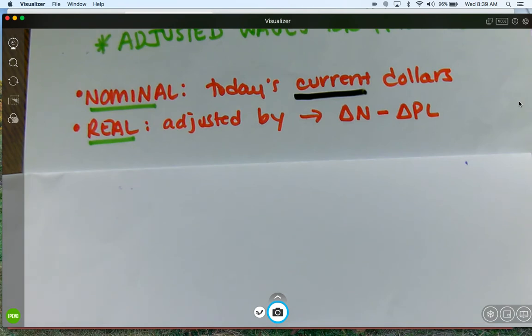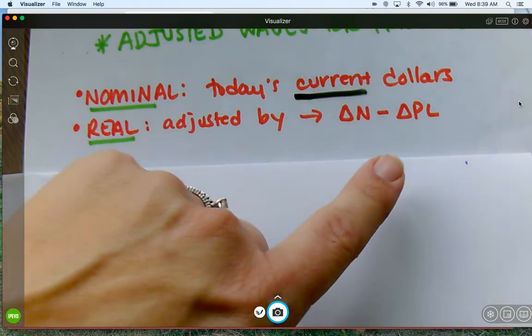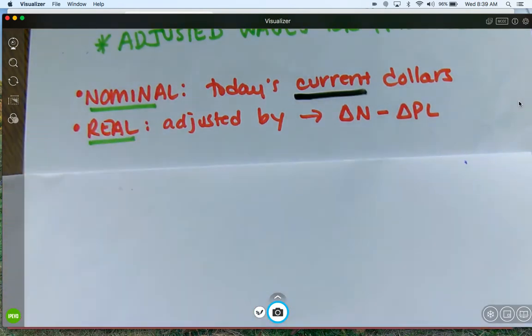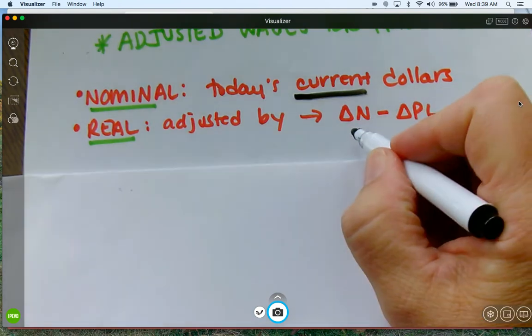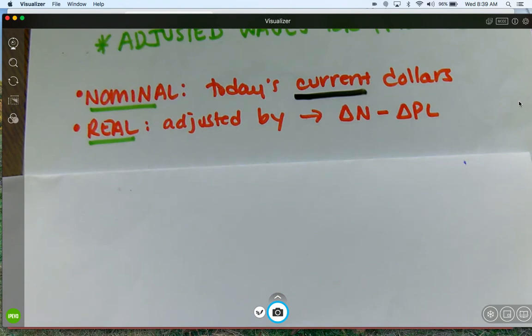So if you make, for example, $10 an hour, that's your pay today. Real is adjusted for price level, and we do that by using this formula. It's the change in the nominal price minus the change in the price level. And that's a really important formula to commit to memory. You're going to use it frequently throughout our course.